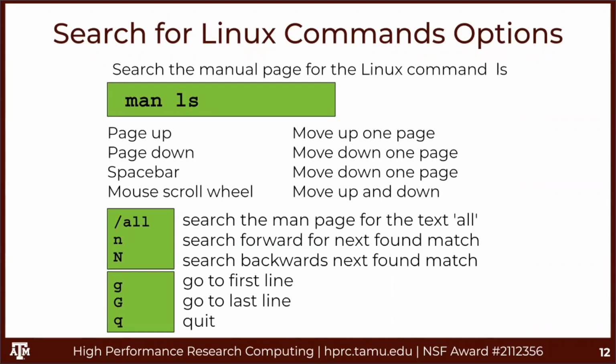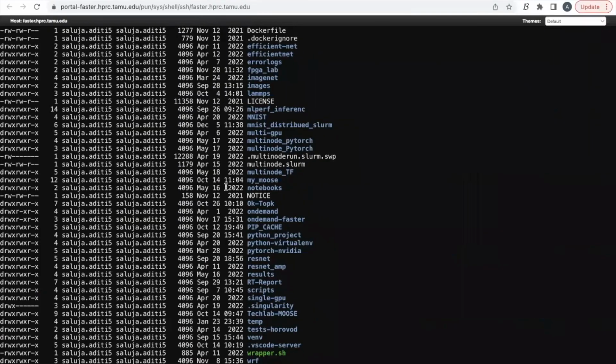So one way is to Google search the commands that you want to use. Another way is the Linux way, which is to use the man page, the manual page. You can find more about a particular command using the command man, which stands for manual. If you want to learn about ls using the man command, I'm going to do man ls.